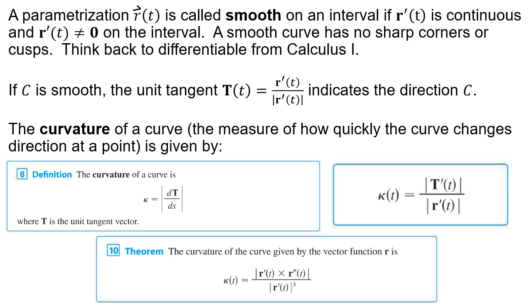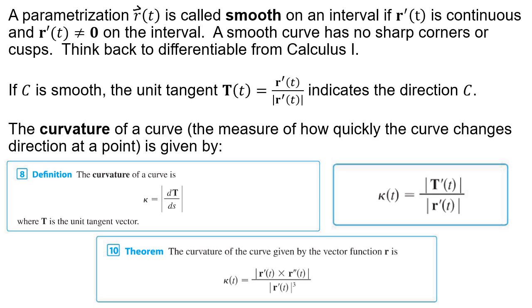The curvature could be the magnitude of the unit tangent derivative. That's the first definition. Or, in the little box on the right-hand side, it is the magnitude of the derivative of the unit tangent divided by the magnitude of the derivative of the vector.